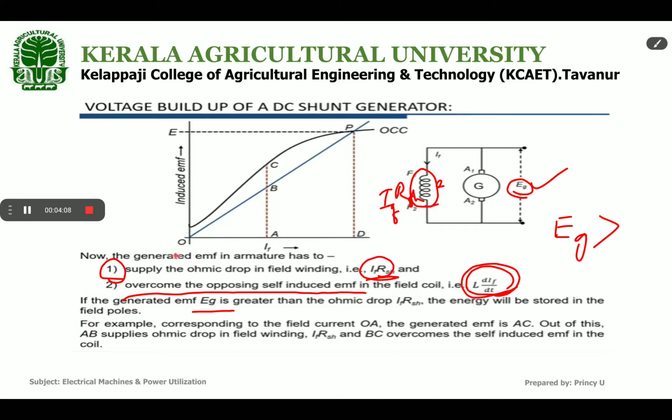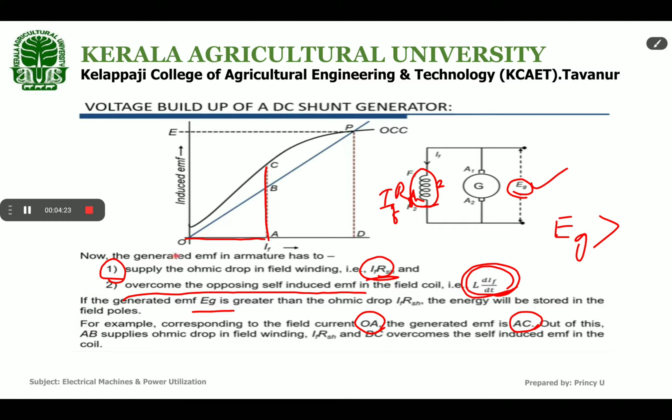For example, take the field current OA. Corresponding to it, the generated EMF is AC.